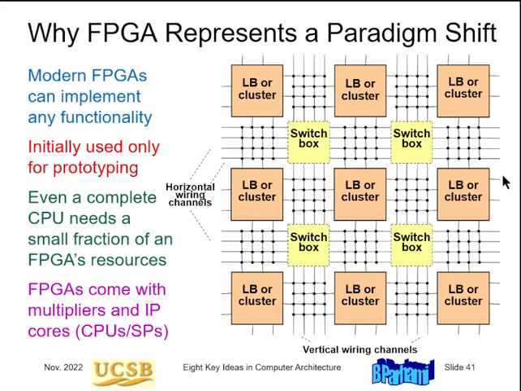way of implementing hardware. In fact, modern FPGAs are so complex, they have so much logic and so much connections, that you can implement an entire CPU on it using a small fraction of the resources that it has. So it may have thousands of logic blocks, and you may use maybe a couple hundred of them to implement a full CPU and still have resources left over to build other stuff on that FPGA.